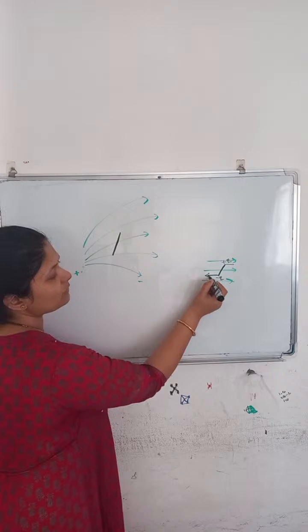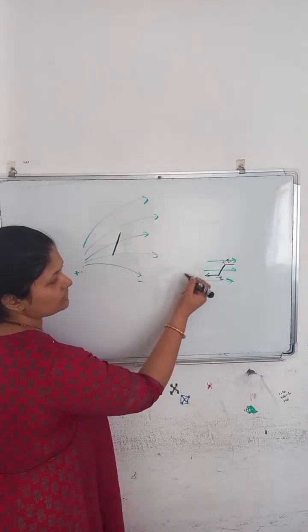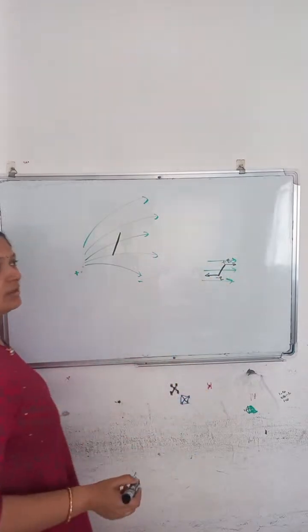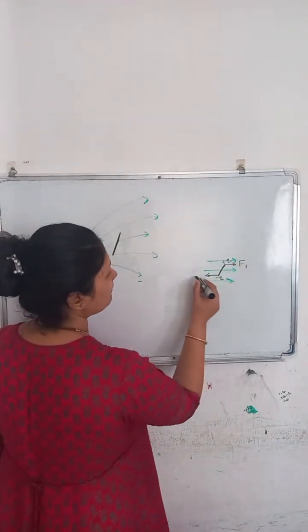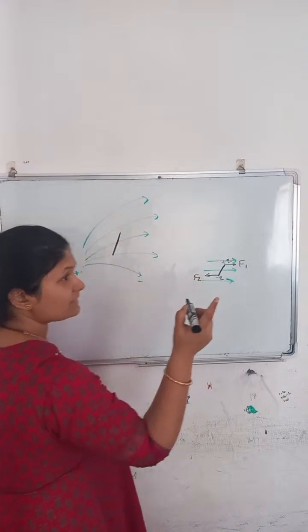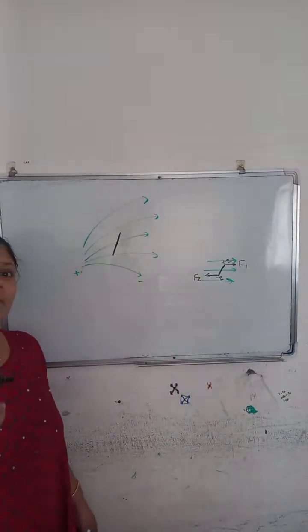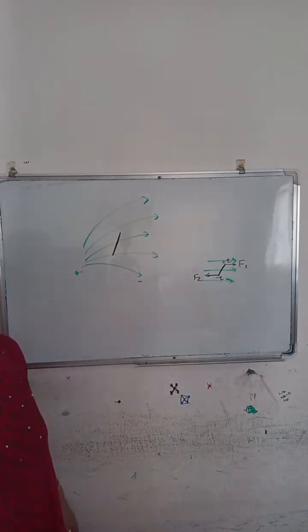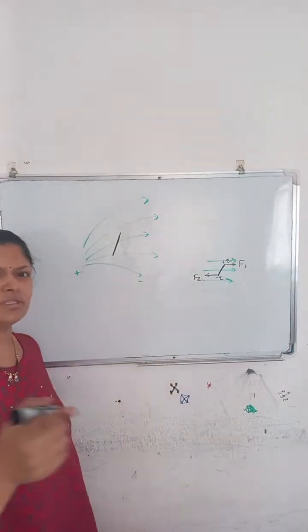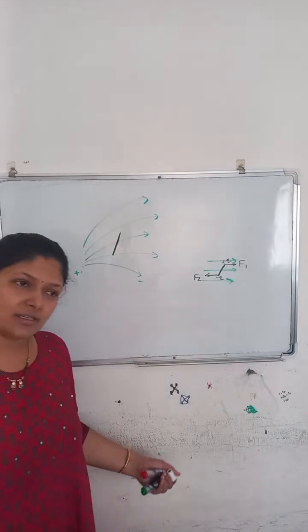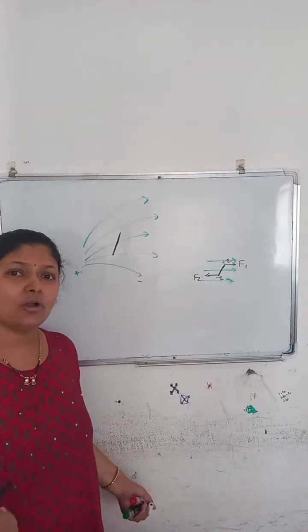So this negative wants to go towards the positive and this wants to go towards the negative side. So here the forces acting are F1 and F2. But the problem is that here the electric field is uniform, so the net force is nothing but zero. Of course there is a torque generated, as it is a uniform electric field.